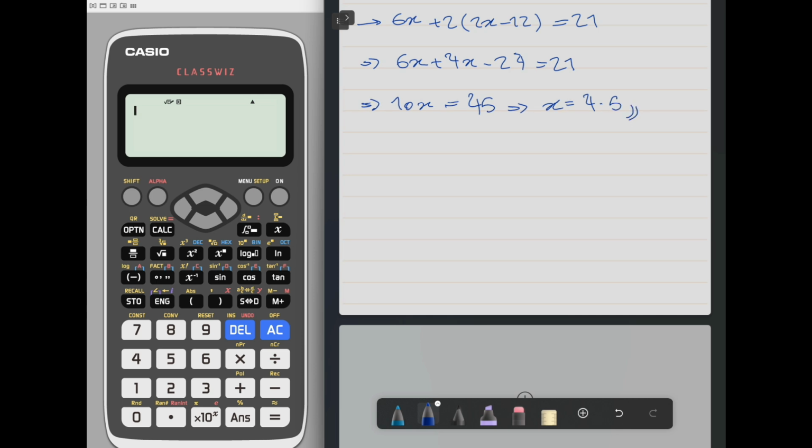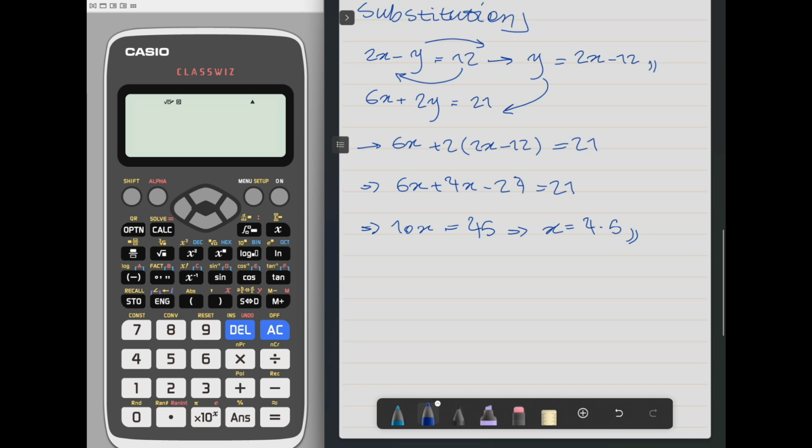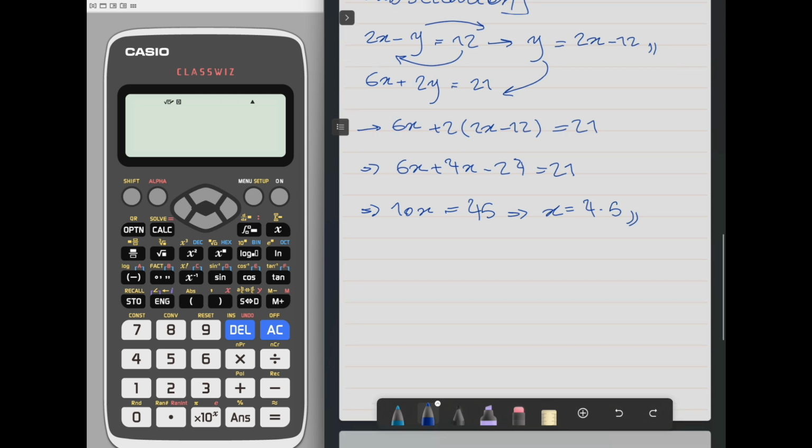right? And for y, I just rearranged the equation. So the equation is from the question, but you can find y much more easily, right? So y is going to be equal to 2 times 4.5 minus 12, which is going to be minus 3.